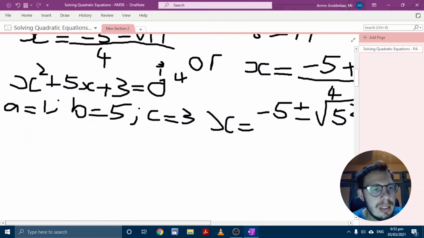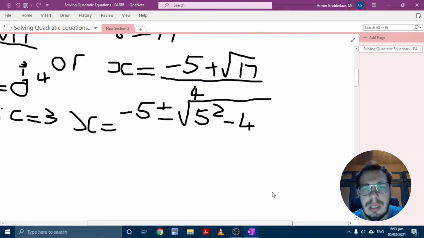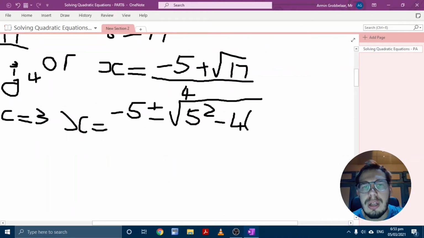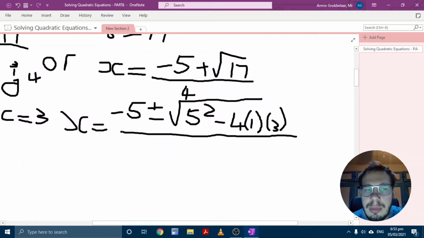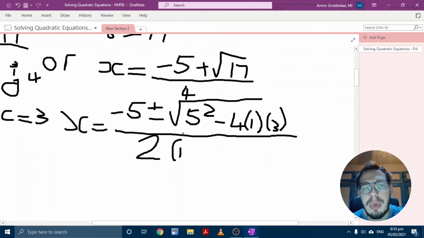Now a is equal to 1 and c is equal to 3. So it's minus 4 times 1 times 3. All of that divided by 2a. Now a is equal to 1, so it's divided by just 2 times 1.